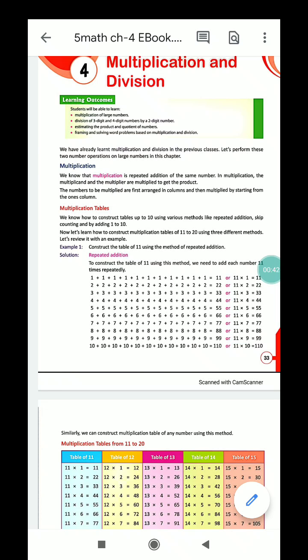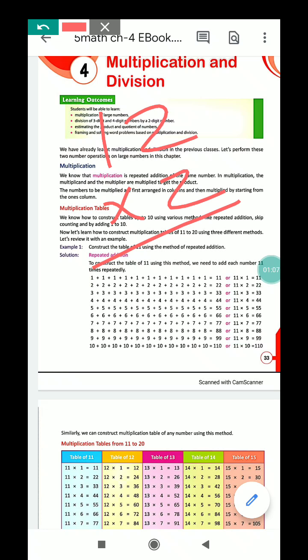We know that multiplication is a repeated addition of the same number. In multiplication, the multiplicand and the multiplier are multiplied to get the product. So what is the multiplicand and what is the multiplier? Suppose I have written 12 into 2. What would be the answer?